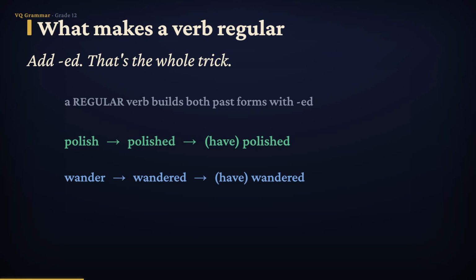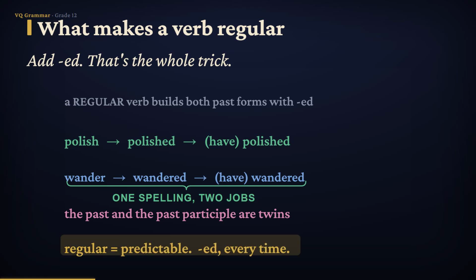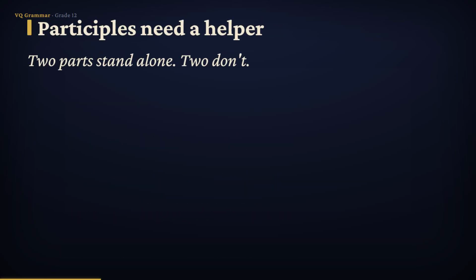Do you notice something? For a regular verb, the past and the past participle are spelled exactly the same. 1 spelling, 2 jobs. That's the whole reason we call these verbs regular. They're predictable. Nothing to memorize, no surprises waiting for you. Just ed every time.